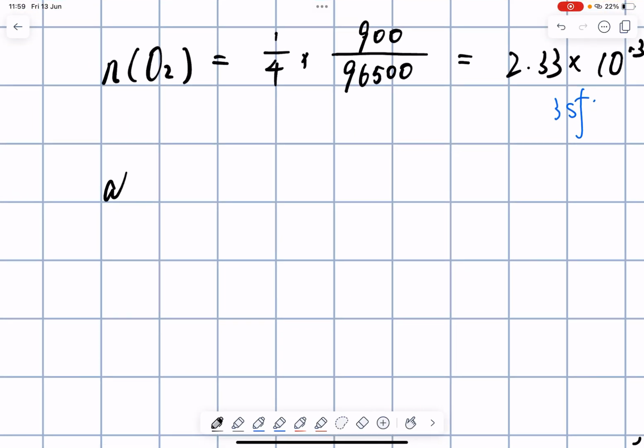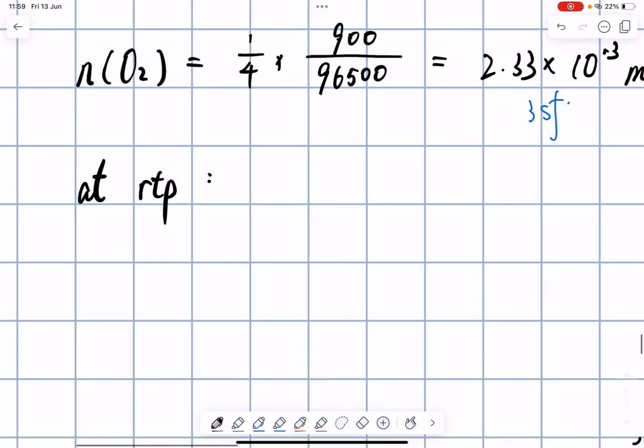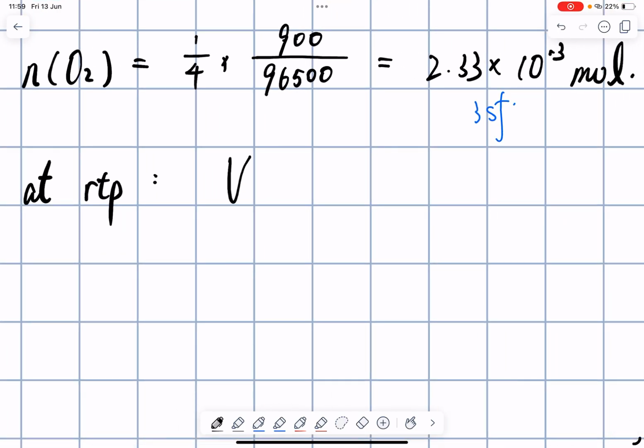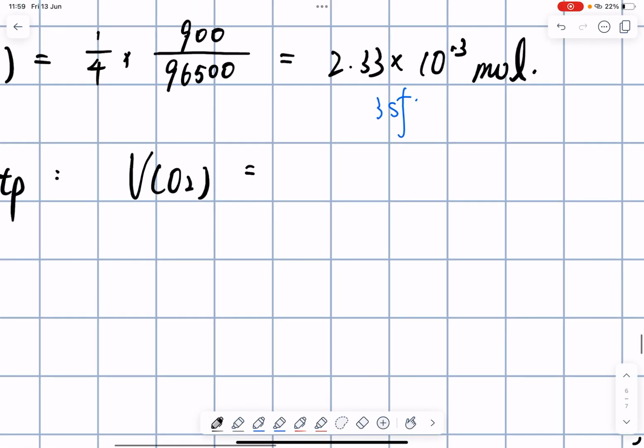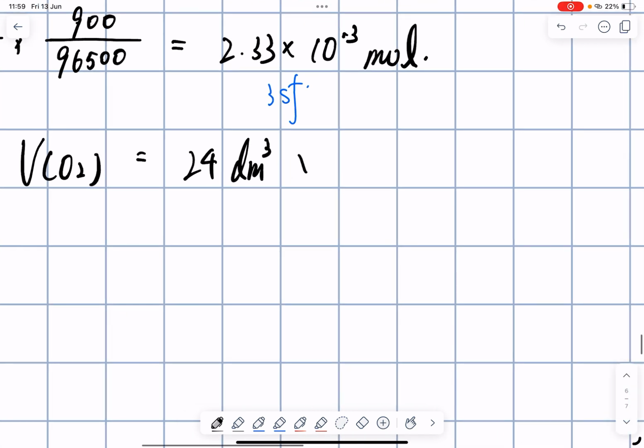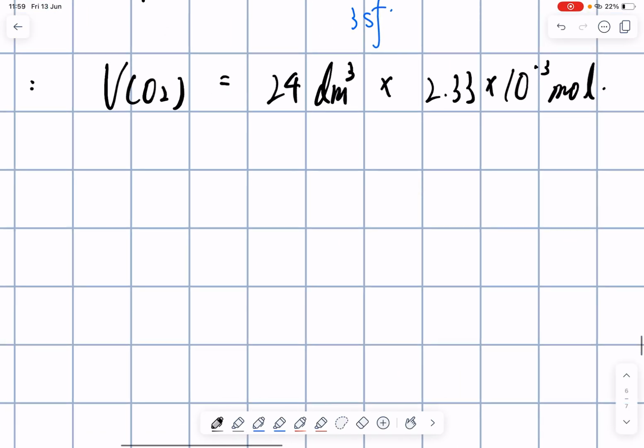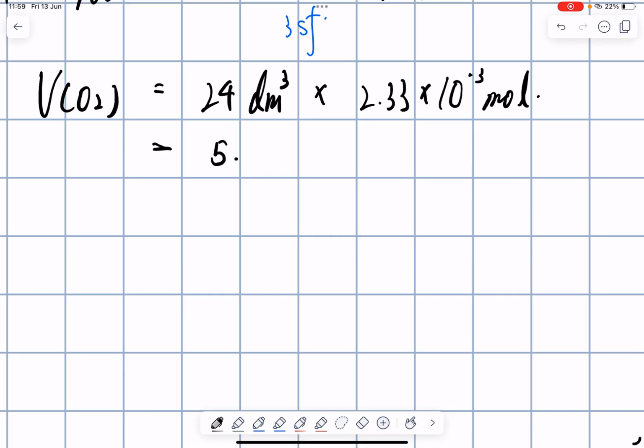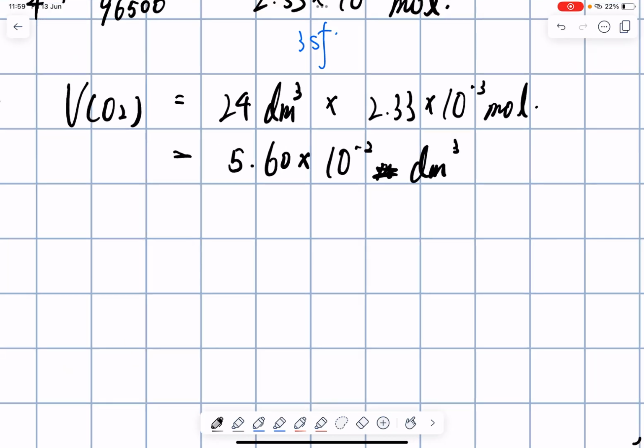And at room temperature and pressure, now we can calculate the volume of oxygen. We know that 1 mole of ideal gas occupies 24 decimeter cubed of volume, so we just use 24 times n, and we get 5.60 times 10 to the power of -2 decimeter cubed.